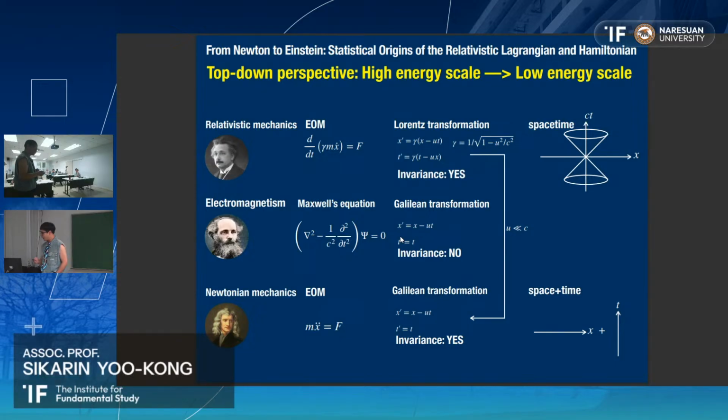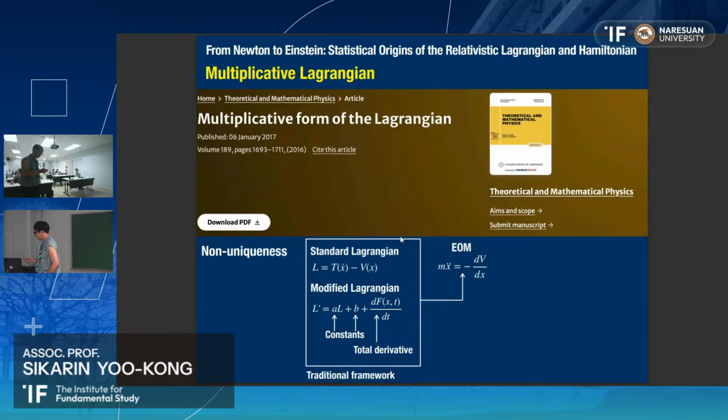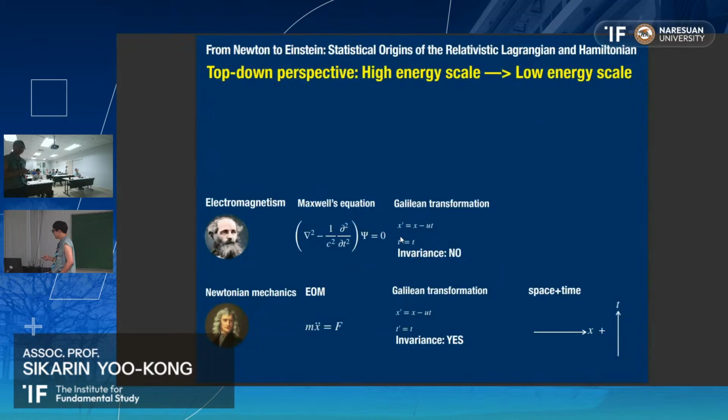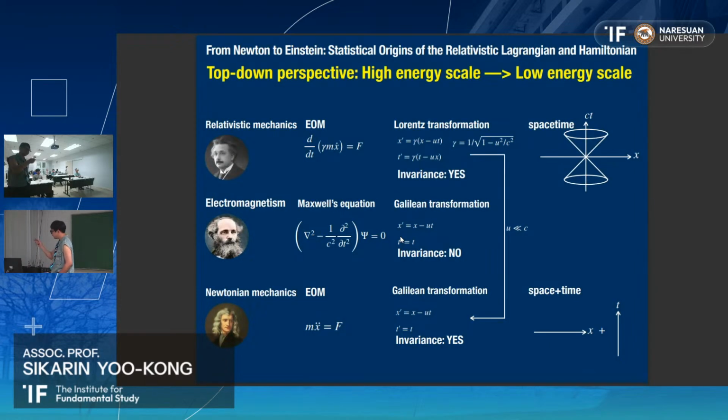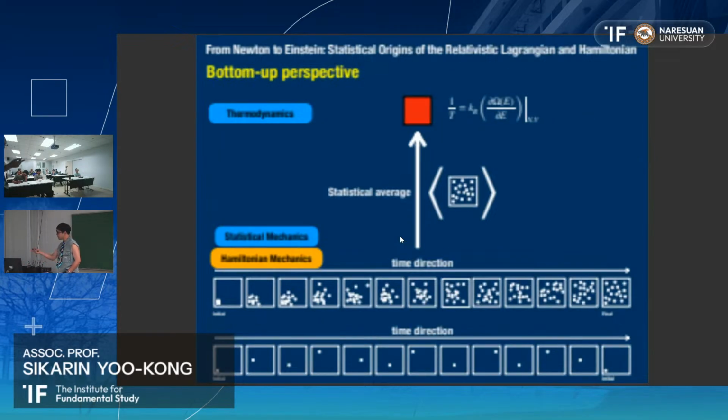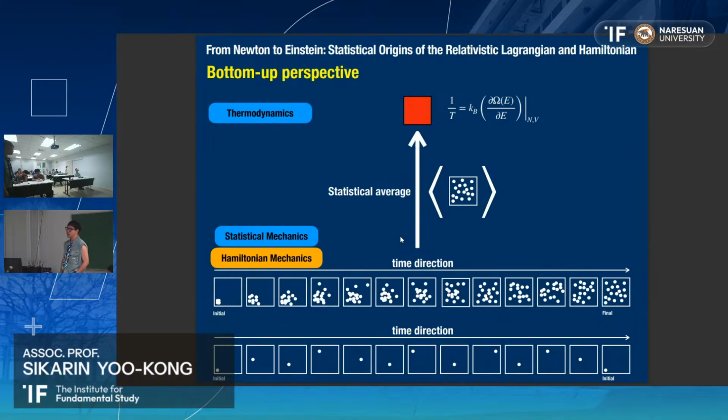So the question is, that is a top-down perspective that we have in physics. But not only the top-down perspective, we also have the bottom-up perspective in the context of thermodynamics and statistical mechanics, right?